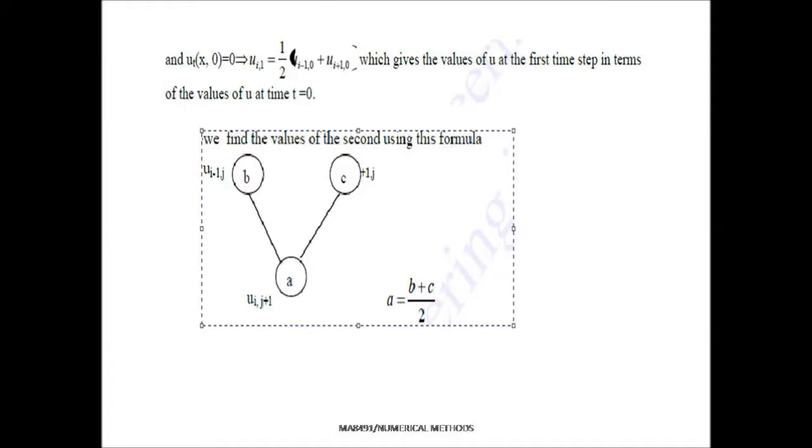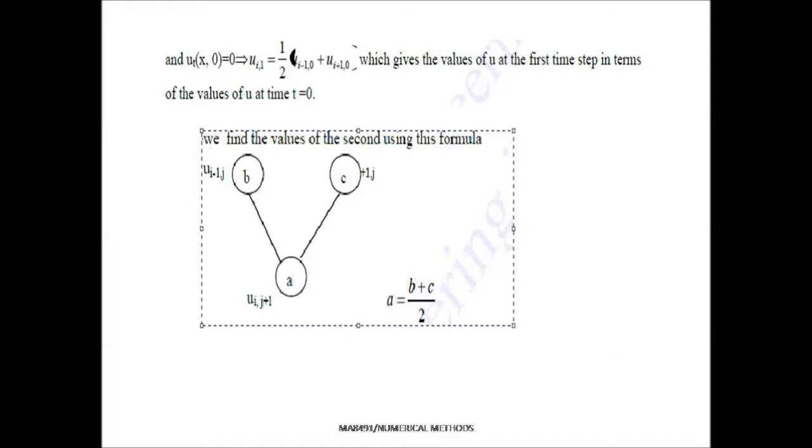Now to find the initial condition where you use ut(x, 0), the formula can be further reduced into 2 terms: u(i, 1) = 1/2 [u(i−1, 0) + u(i+1, 0)], which gives the values of u at the first time step in terms of the values of u at time t = 0.